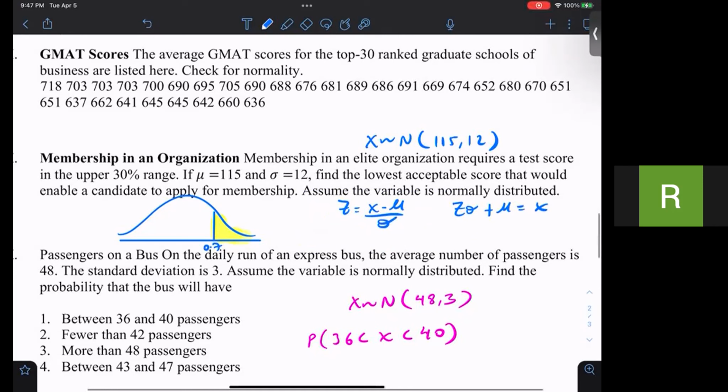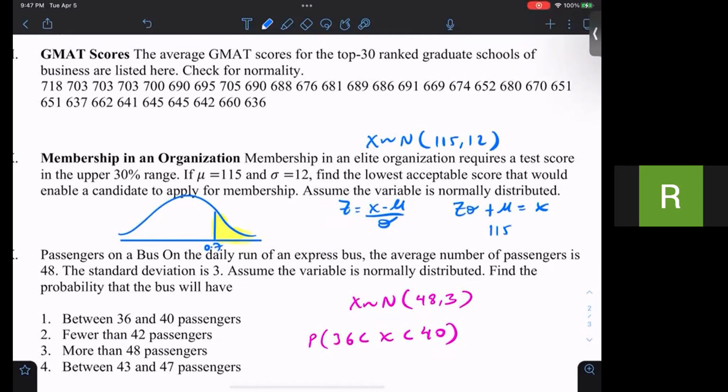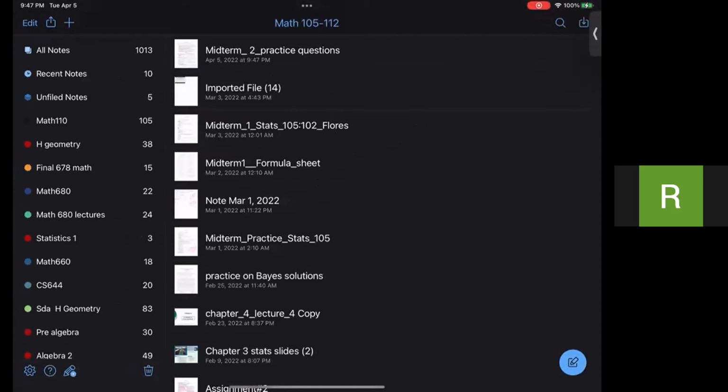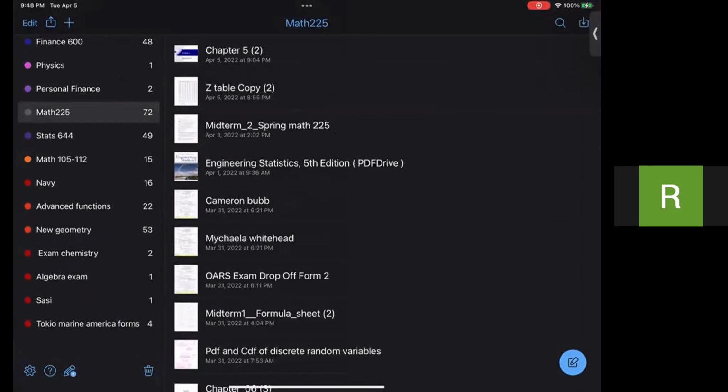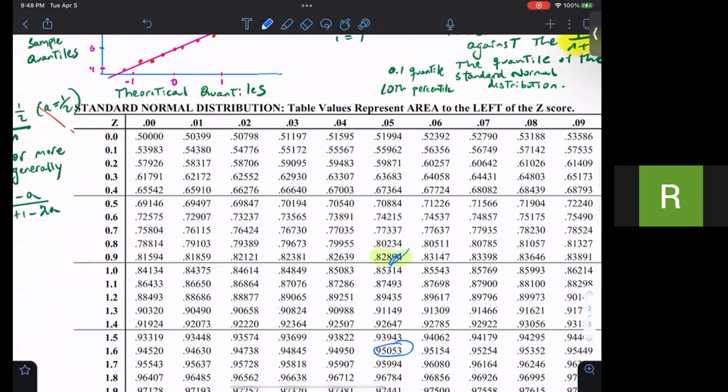So the mean here is 115, and the sigma here is 12, and you need the Z value that corresponds to the probability of 0.70. They're asking you greater than that, the upper part. So you need to look at the Z table and look for 0.70.